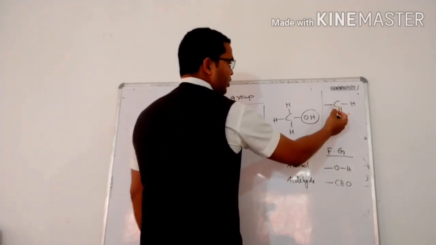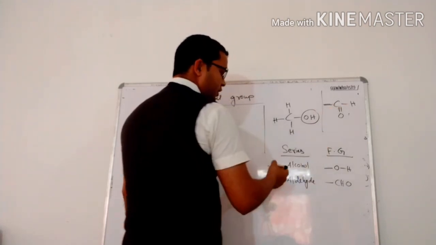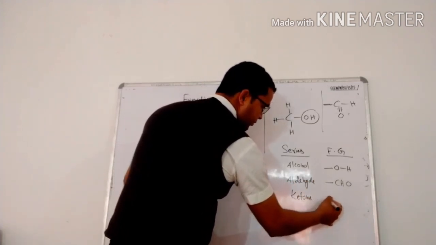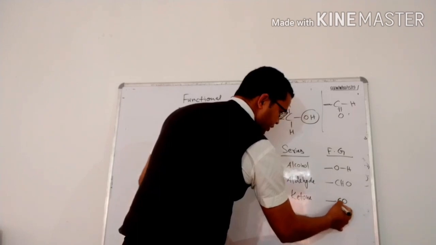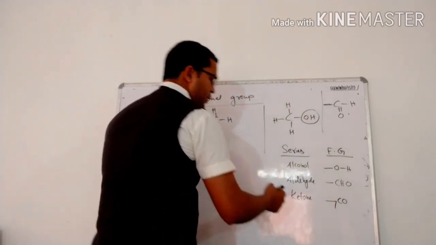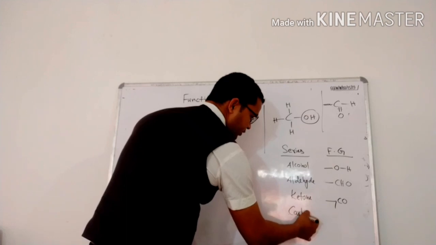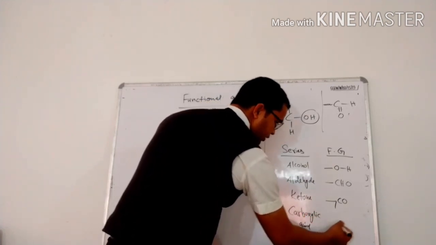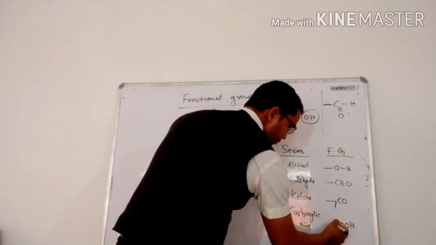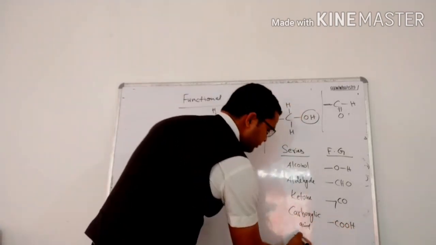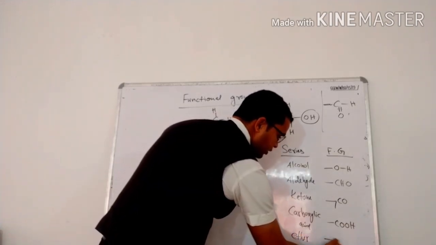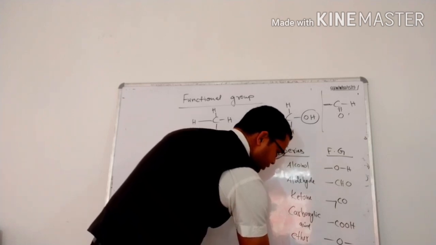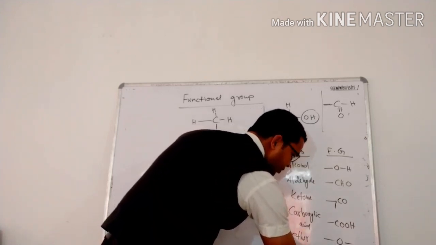So carbon forms 4 bonds, 1, 2, 3, 4, 1 is vacant. Ketone: CO, 2 vacancies there. Carboxylic acid: COOH. Ether: O. Ester, which is also called fats: COO.